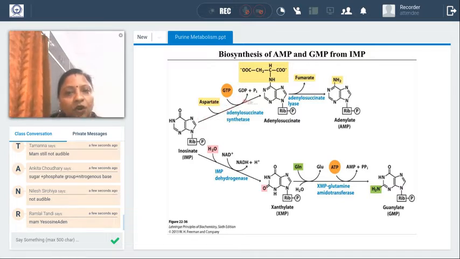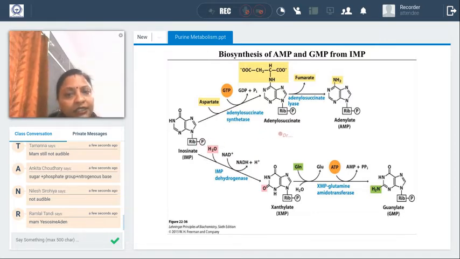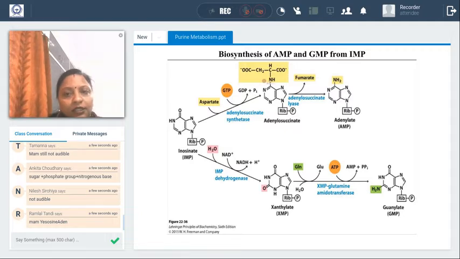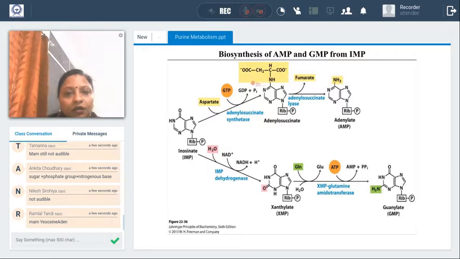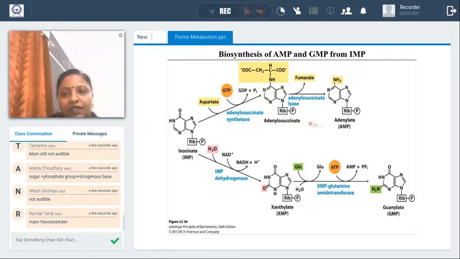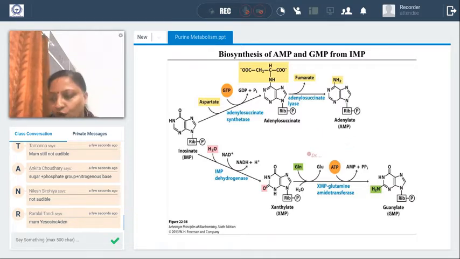GTP converts into GDP plus inorganic phosphate, and it gives us adenylosuccinate, with the ribose 5-phosphate. Then fumarate is removed by the enzyme adenylosuccinate lyase, and we get AMP, adenosine monophosphate.